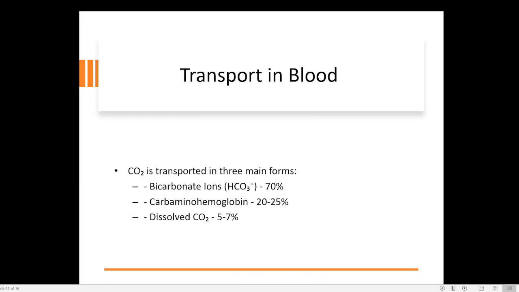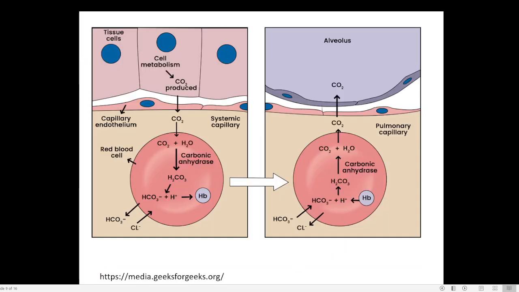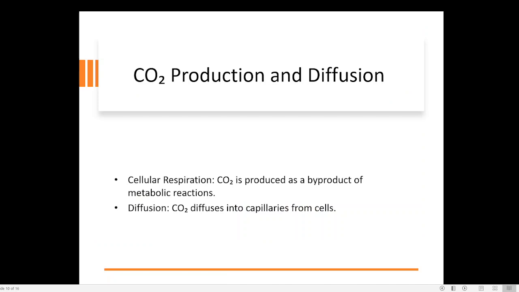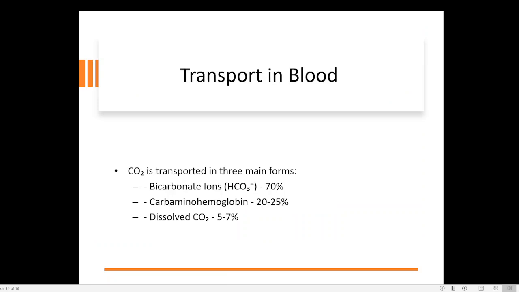What is happening is that this carbon dioxide will be combining with water. One mechanism is that carbon dioxide is transported in the form of bicarbonate ion. How are these bicarbonate ions actually forming?